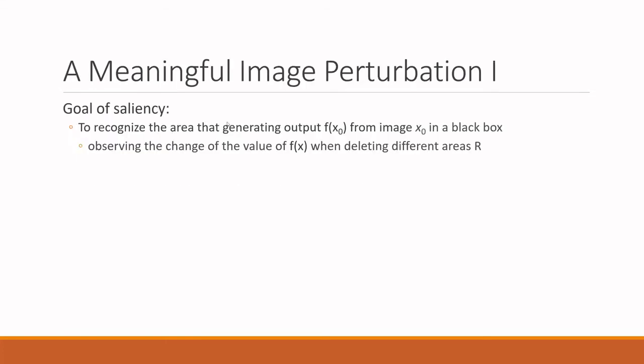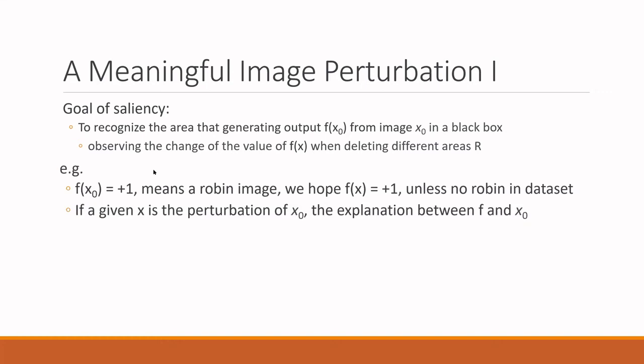The reason why we're interested in saliency is that a saliency map can recognize the area that generates output x0 from image x0 in the black box, and we can observe the change of the value f of x by deleting different areas. For example, f of x0 equal to positive 1 means a Robin image.